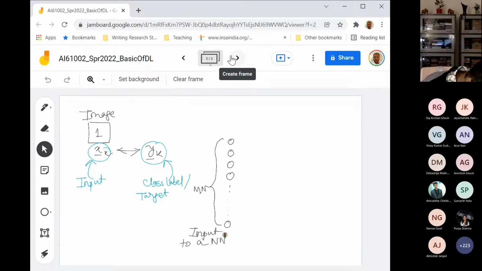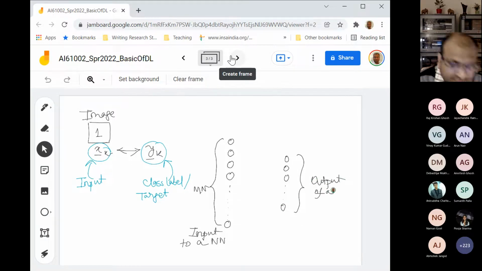Input to a neural network. Now I need to get certain outputs over here. What do I know about my number of outputs? There will be 10.